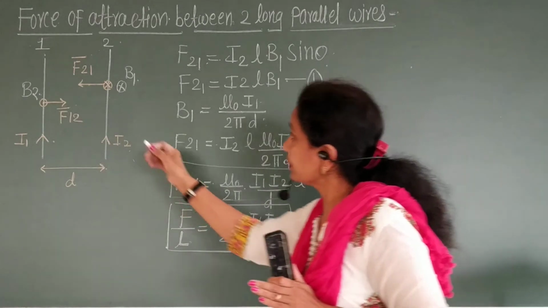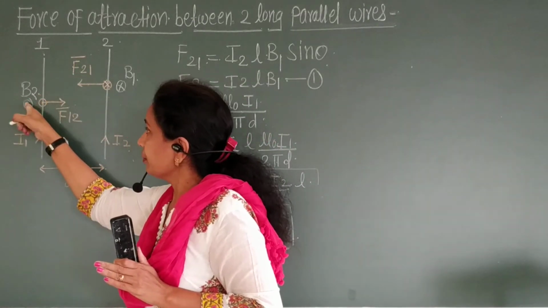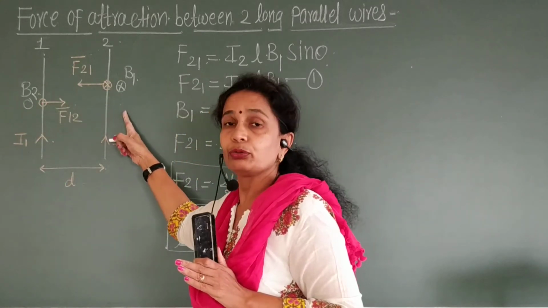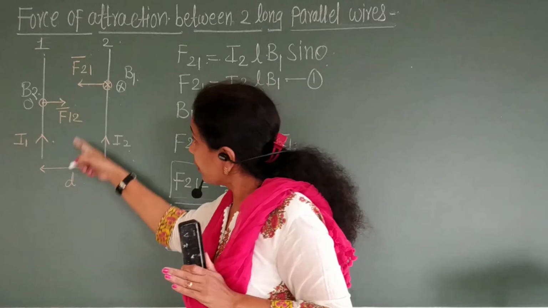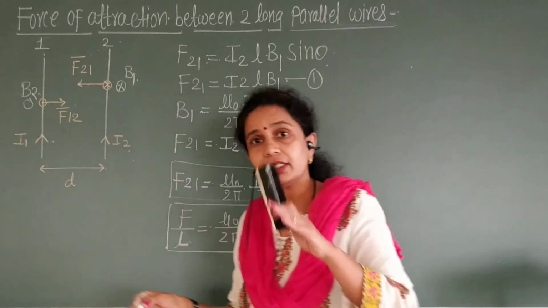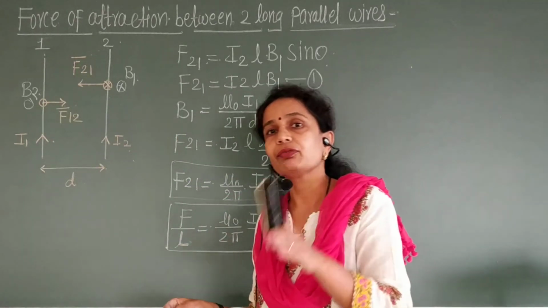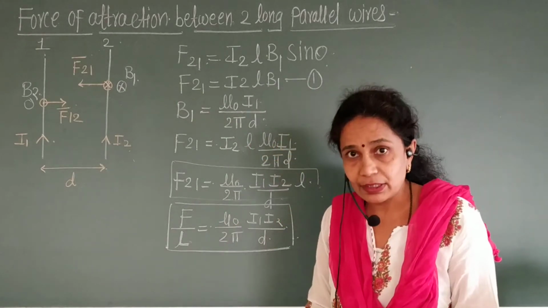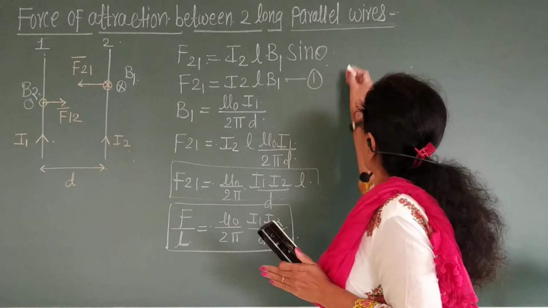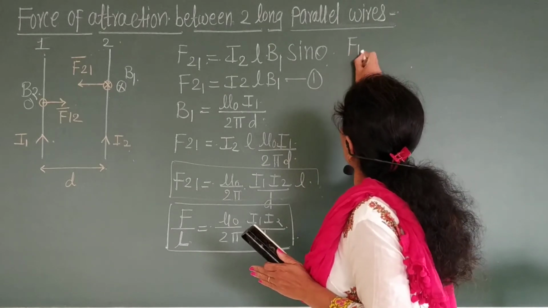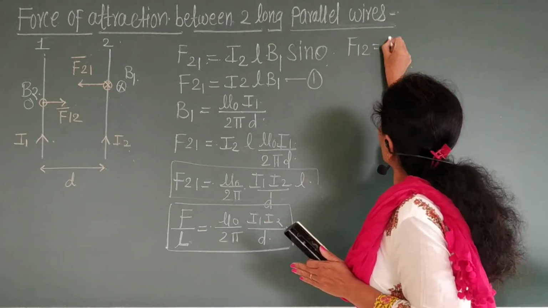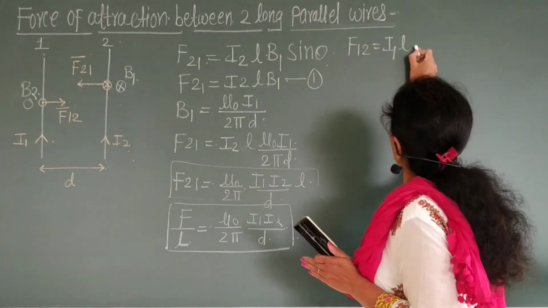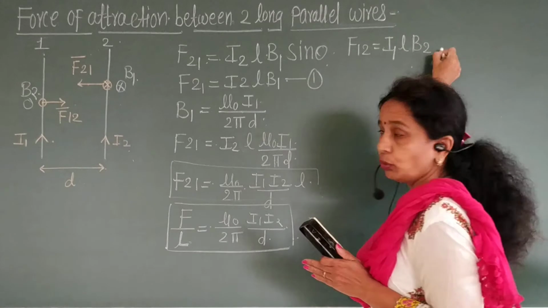This is the magnetic field due to the second wire. Therefore, the first wire is in the magnetic field of the second wire, and it experiences a force given by the equation F12 is equal to the current flowing through the first wire, I1, L into B2.